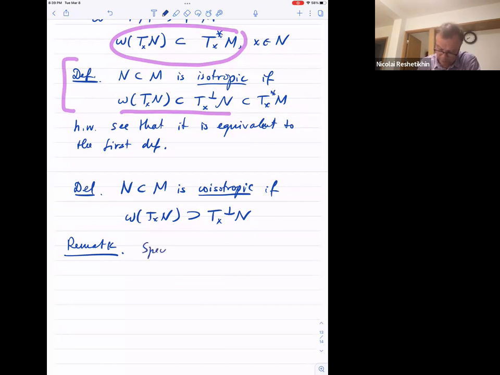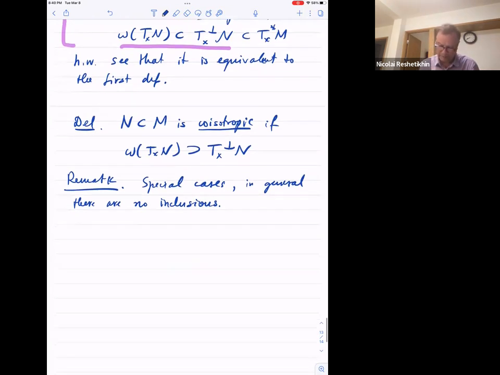These are special cases of how these two subspaces are positioned against each other. In general, there are no inclusions. So this is actually a special and strong property, that you have inclusion either in one direction or in the other direction, so that you have either isotropic or coisotropic.